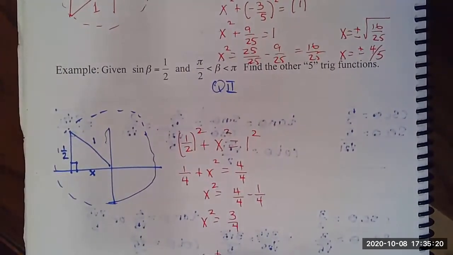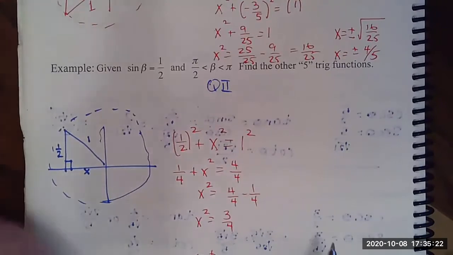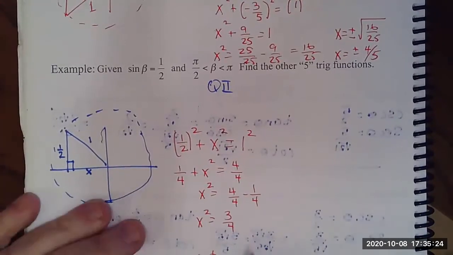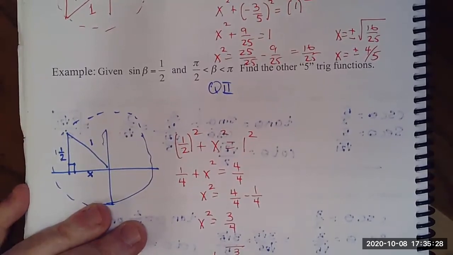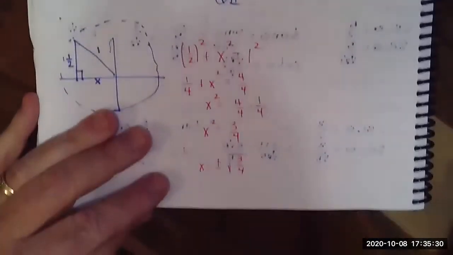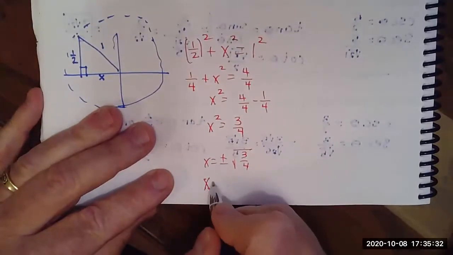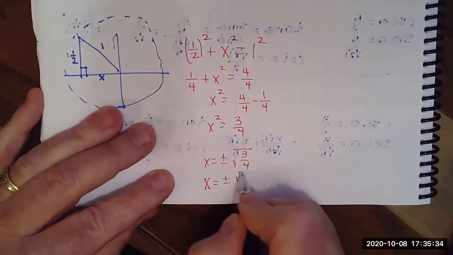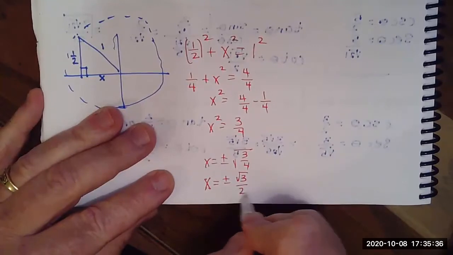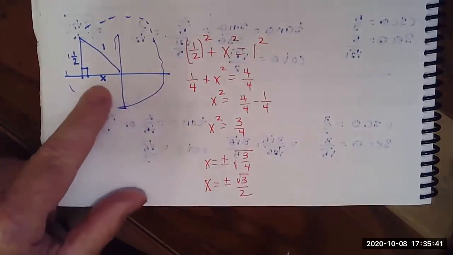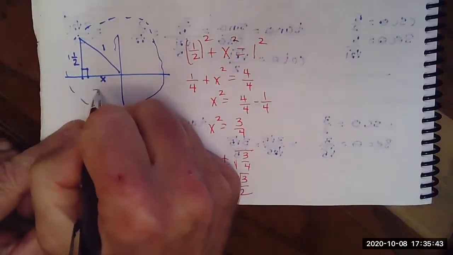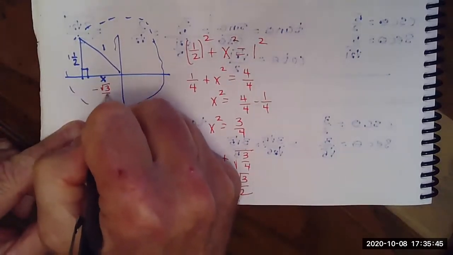X is equal to plus or minus, if I haven't made a careless mistake, doesn't look like it, the square root of 3/4. So x equals plus or minus root 3/2. And I'm going to choose the negative because, again, it's to the left of the origin. This is negative root 3/2.